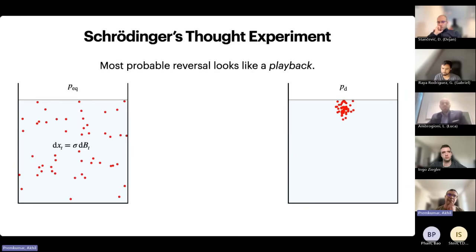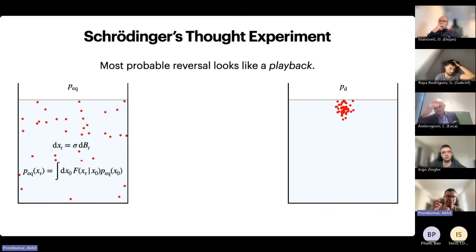So I'll write down a stochastic differential equation, basically the simplest one I can do here, where sigma is the strength of the Wiener term. And I will denote the forward transition kernel by F. The forward transition kernel, when applied to P equilibrium, just keeps it at P equilibrium, because P equilibrium is the stationary point of F.